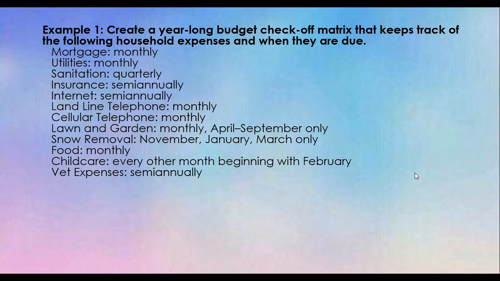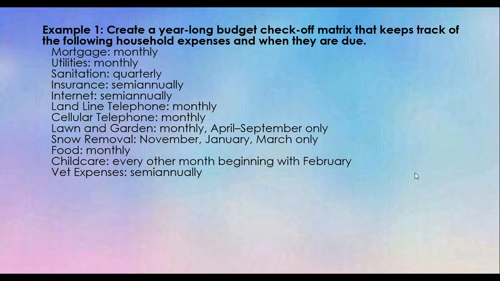So create a year-long budget checkoff matrix that keeps track of the following household expenses and when they are due. Notice that this doesn't tell us how much. It just tells us certain expenses related to the house. This is not all expenses. And it tells us how often I'm going to be paying for them. So mortgage, we have that monthly.